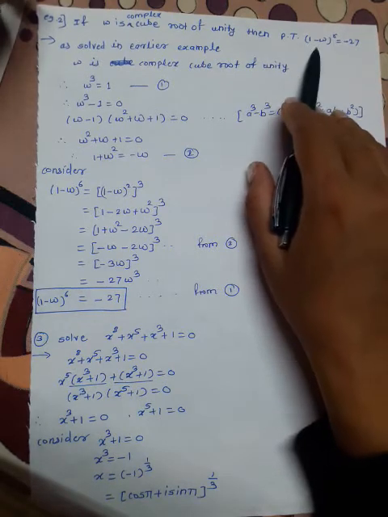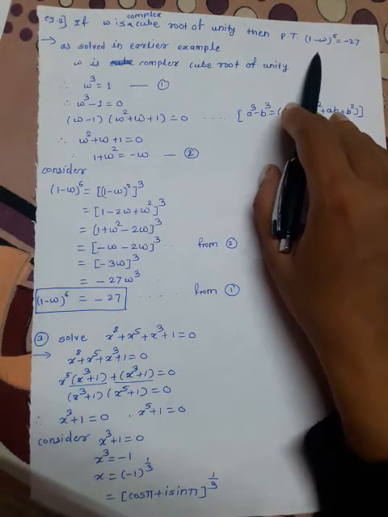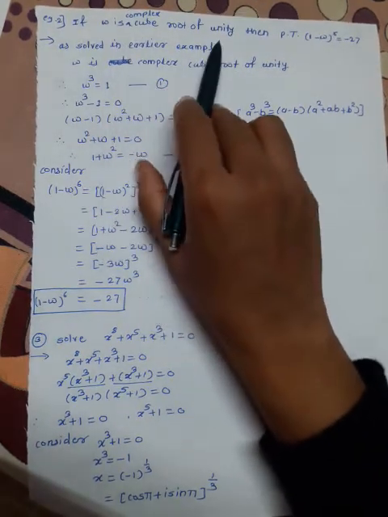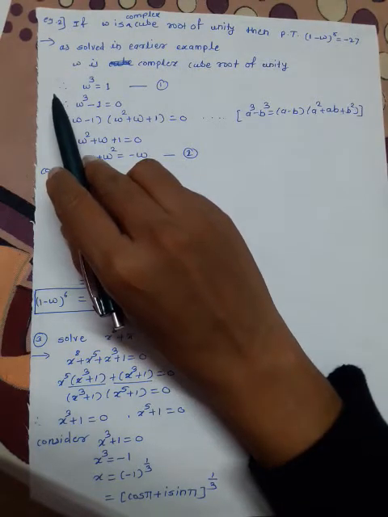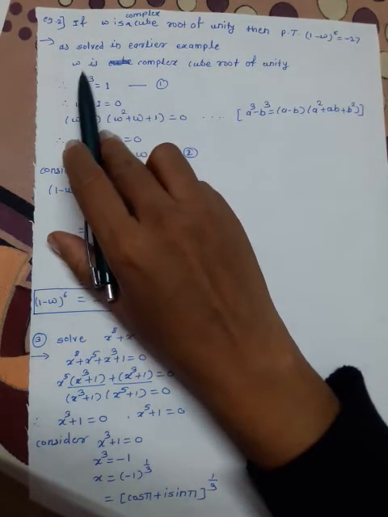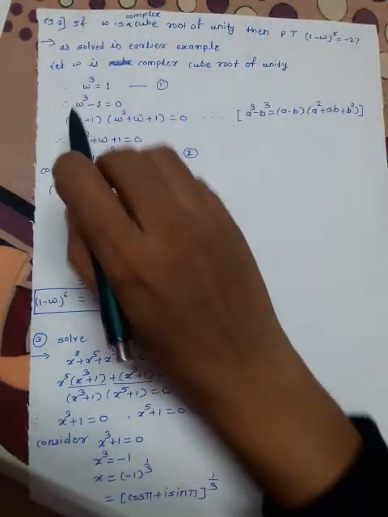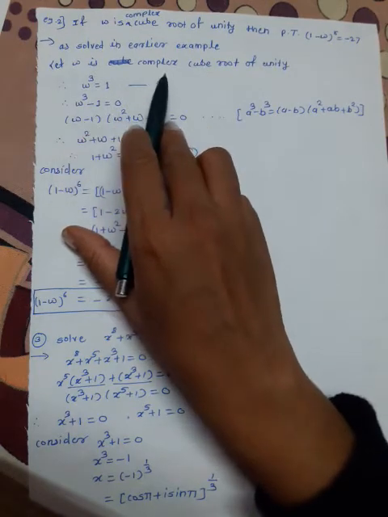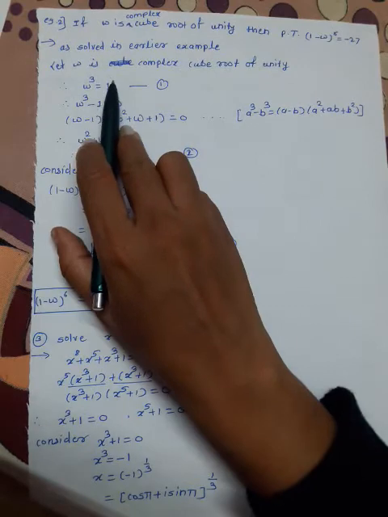Now to prove this equation we need some simplification. Let us start with the given sentence, that omega is a cube root of unity. As solved in the earlier example, we know omega is a complex cube root of unity, that is omega is 1 raised to 1 by 3.